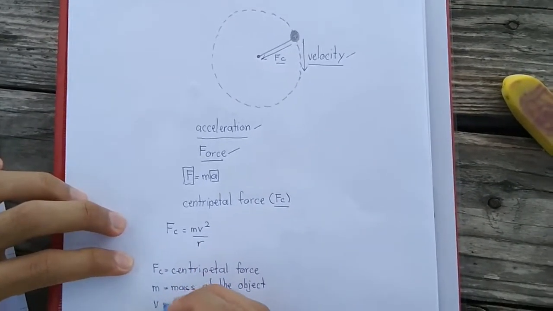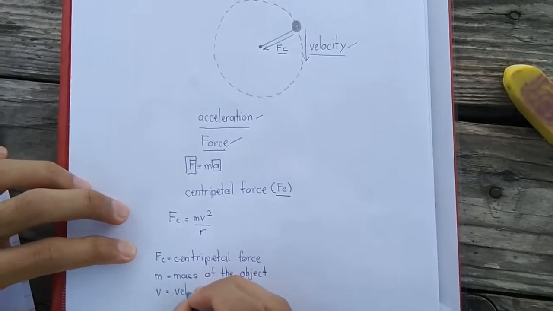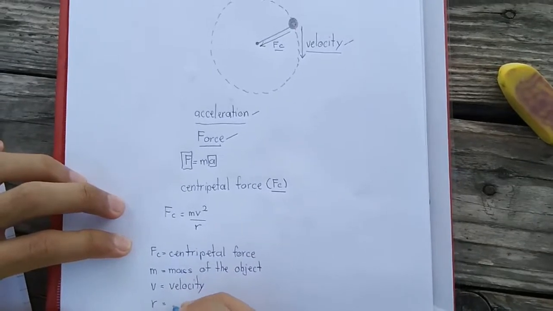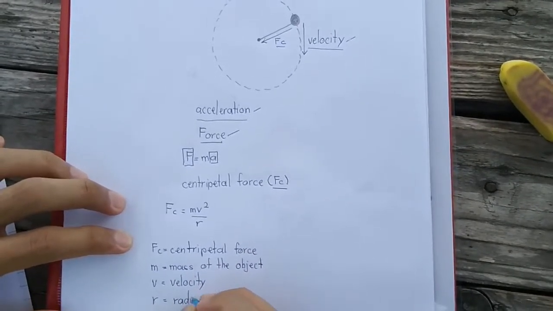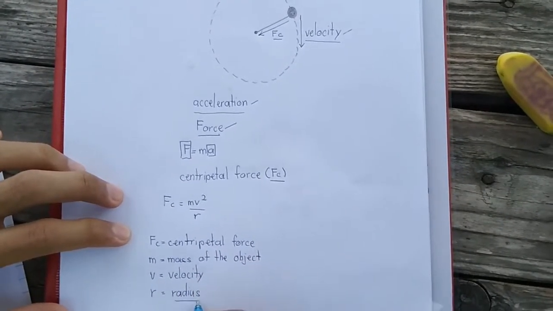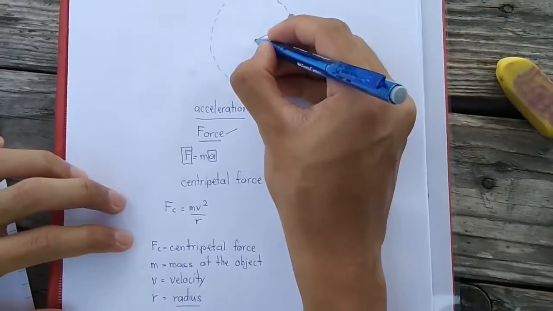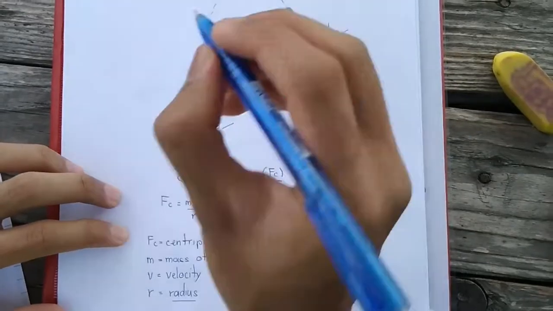V is velocity and R is radius. Radius means the distance between the object and the center of the circle.